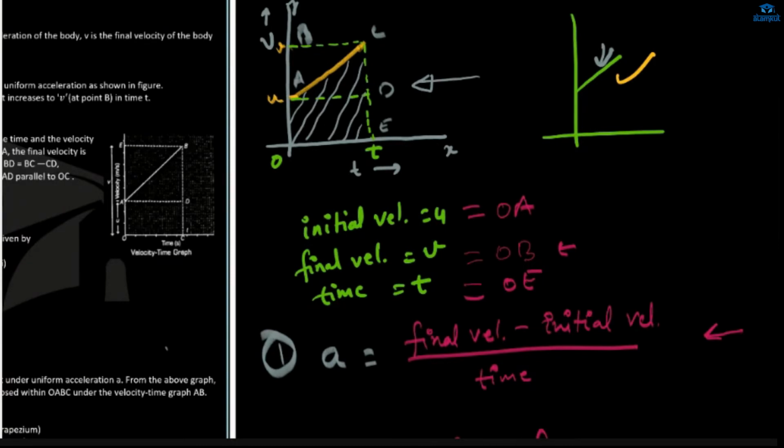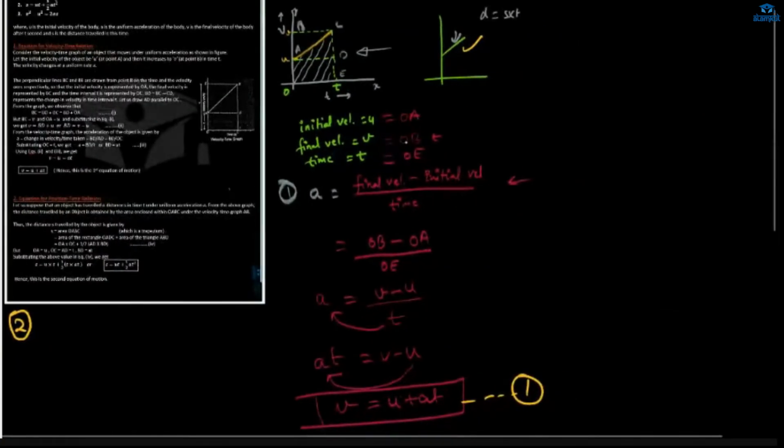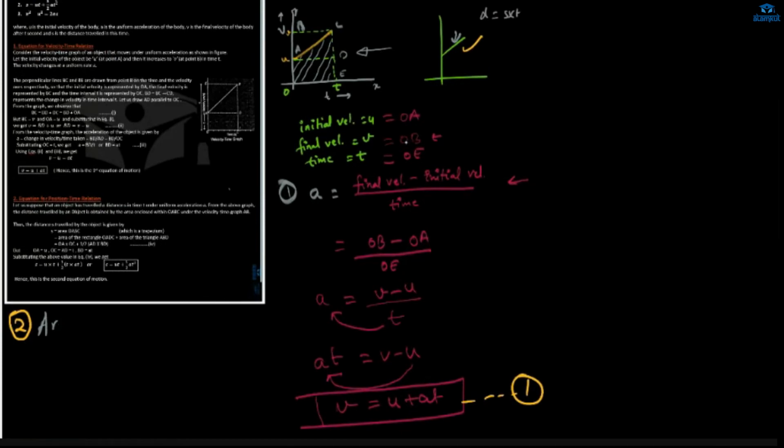Yes, it is a trapezium. If we find the area of OACE, then we'll get the distance, because distance is speed into time, which means velocity into time. So the area under this graph gives us the distance.